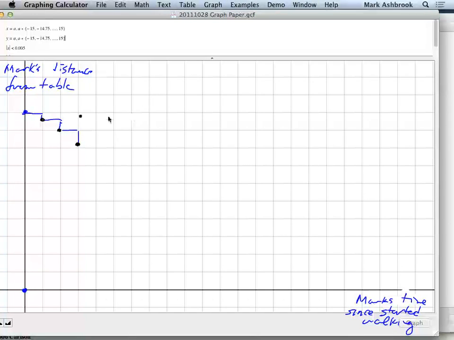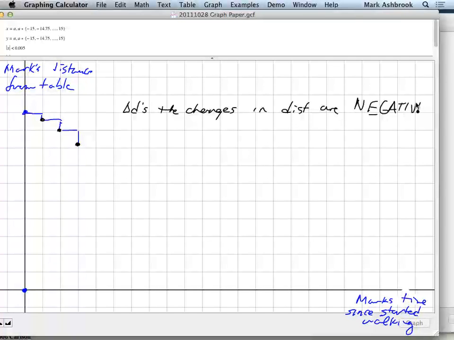These changes, so delta D, the changes in distance, are, first of all, they're negative. Are these changes getting more negative or less negative?